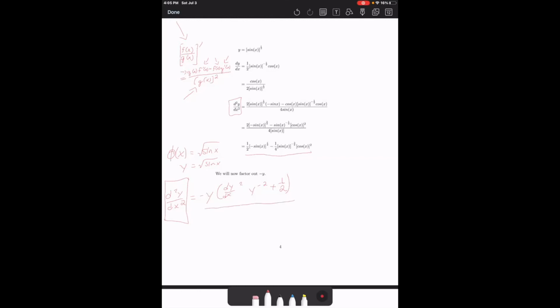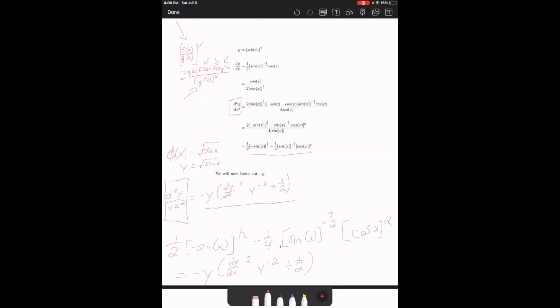So we want to show that 1/2 negative sine x to the 1/2 minus 1/4 sine x to the negative 3/2 times cos x squared, we would like to show that is equal to negative y dy dx squared y to the negative 2 plus 1/2.